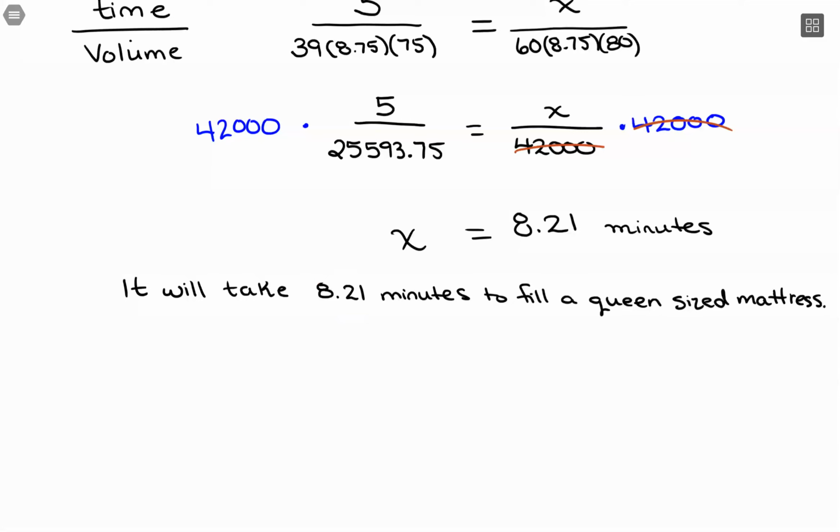If you want to get real exact with it, we could express this in terms of minutes and seconds. So we have these 8 whole minutes. And a common mistake here that I want to go through is that often students will change this to 21 seconds.